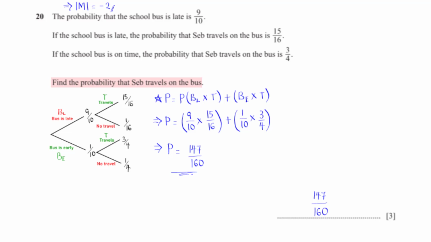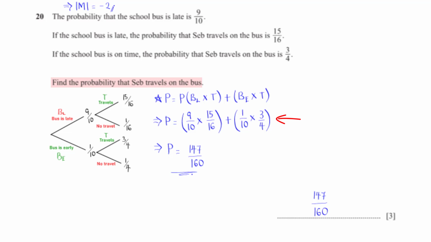In this case, we have two different scenarios. In the first scenario, the bus is late and Seb travels on the bus. In the second scenario, the bus is early and Seb travels on the bus. The probability that the bus is late is 9 over 10. The probability that Seb travels on the bus when the bus is late is 15 over 16.